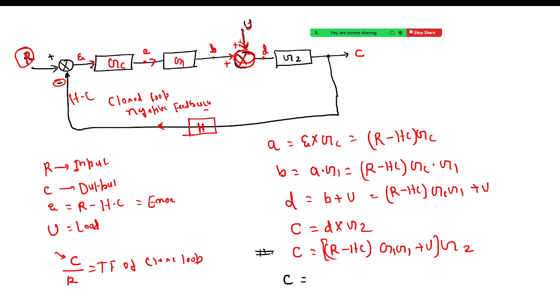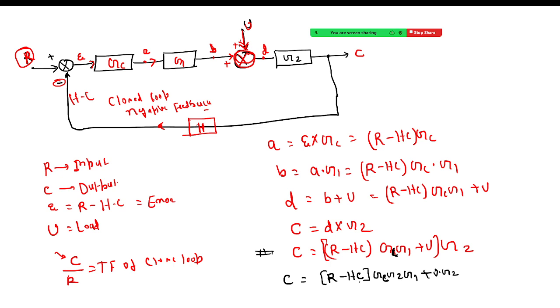So I can write C is equal to R minus HC, fine, into GC G1 G2. This is GC, G2, G1, fine, plus U into G2.